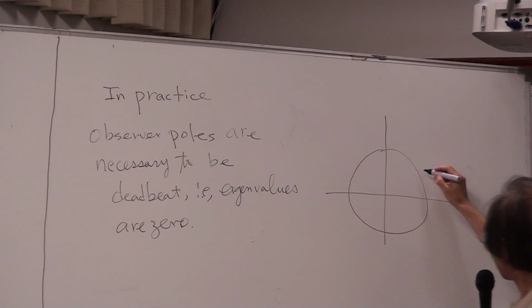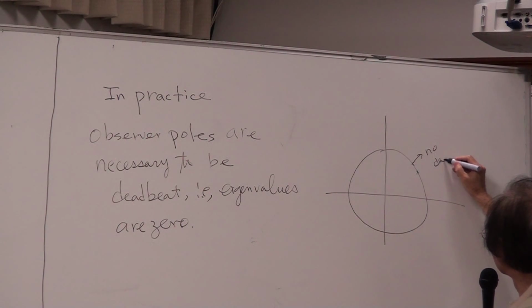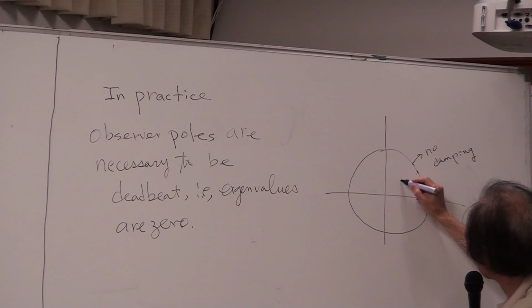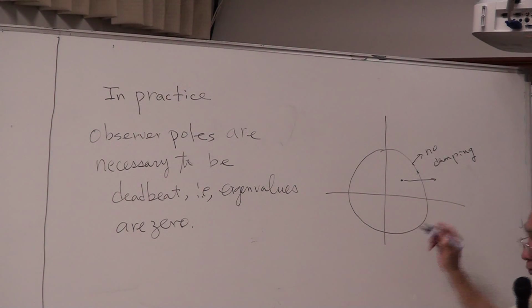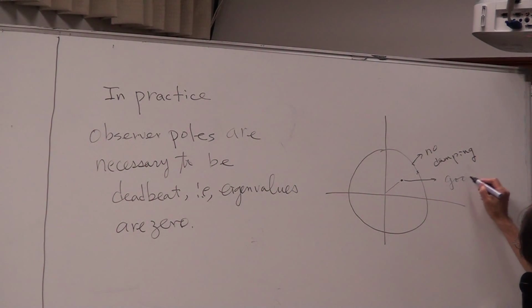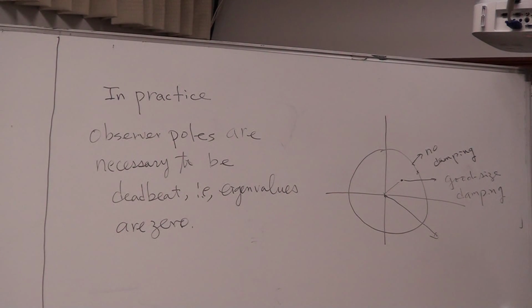On the unit circle, that means no damping. Inside the unit circle here, there's good damping because the length is short. Here, what does that mean, out there, zero?